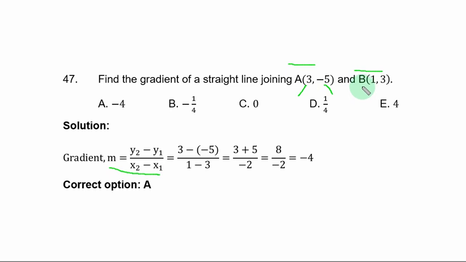For point B, 1 is x2 and 3 is y2. If you replace x1, y1, x2, y2 with what they stand for, you have this result, which simplifies to this, and when you divide, you have minus 4. The correct option is A.